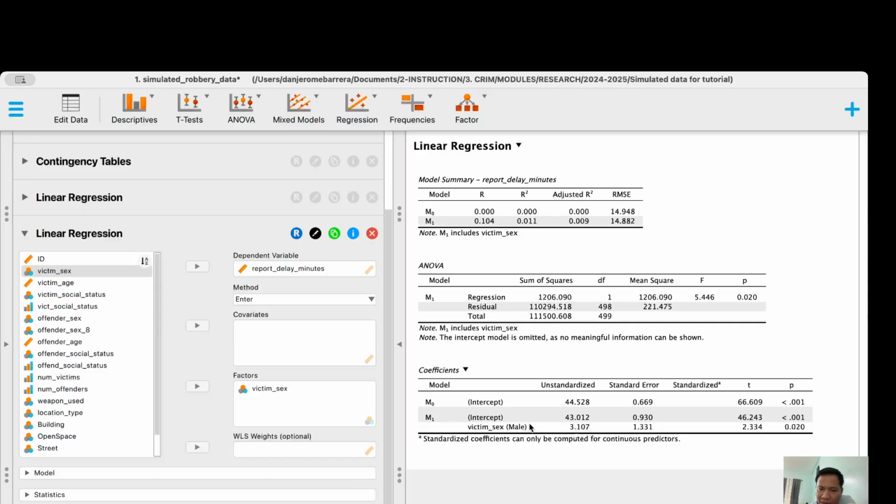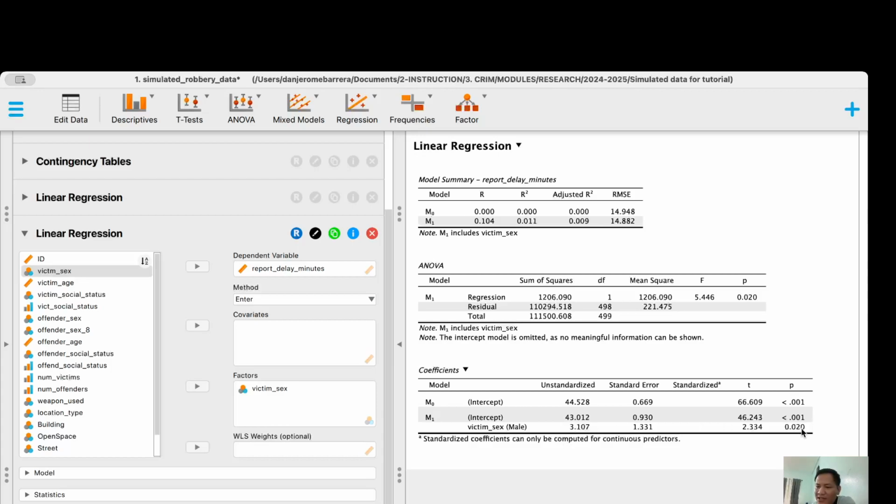So if the victim is male, the reporting delay is higher compared to when the victim is female. Since the relationship is positive, 3.107, if the victim is male, there is a higher reporting delay. Is that association statistically significant?